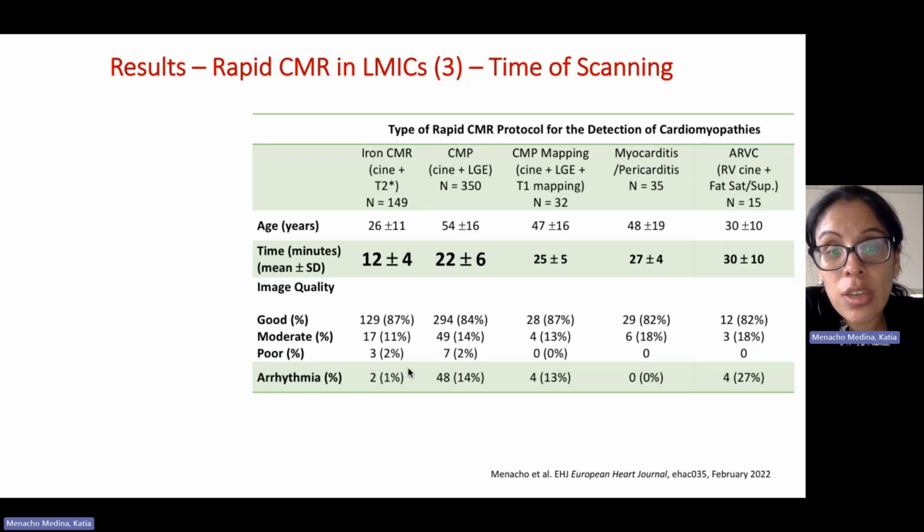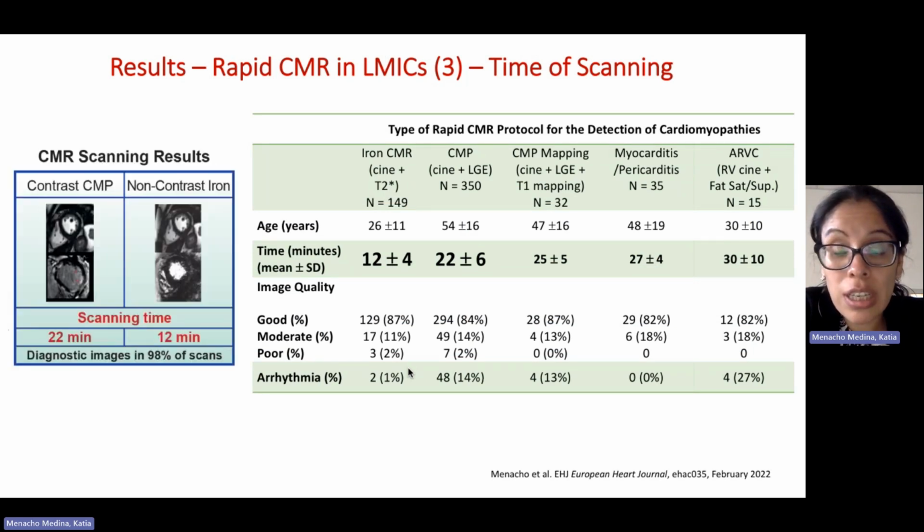And you can see here the overall timing of the scanning for contrast cardiomyopathies was 22 minutes, and the assessment of cardiac iron and liver iron with a non-contrast scan was 12 minutes. Good image quality was overall more than 82, 87%, and between good and moderate more than 90%.